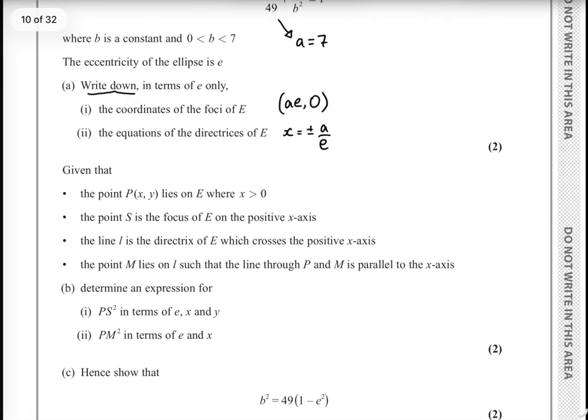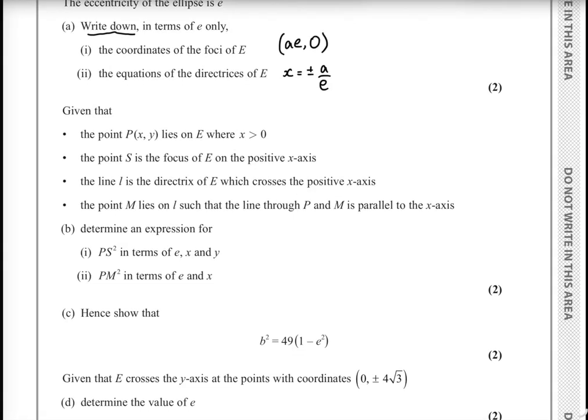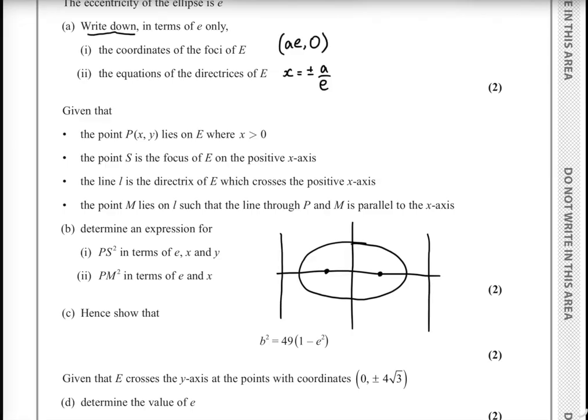Part B, given these 4 bullet points, determine an expression for PS squared and PM squared in terms of x and y. Okay, so let's just quickly refresh. There's our ellipse, the focus here, and there's a focus here. The directrix is over here somewhere, and over here somewhere.